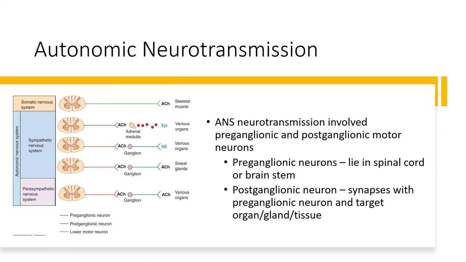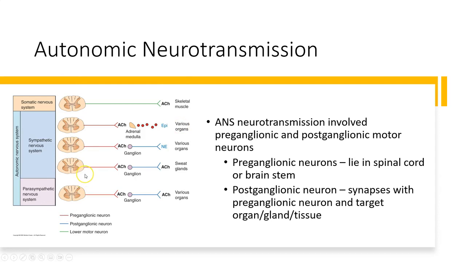The sympathetic nervous system has two deviations from this major plan. One is that acetylcholine can be directly released at the adrenal gland, signaling the release of epinephrine from the adrenal medulla, which then will circulate through the blood and travel to the various organs it is targeting.